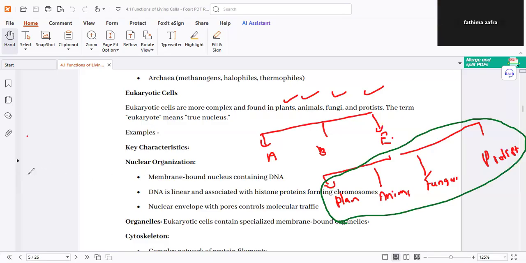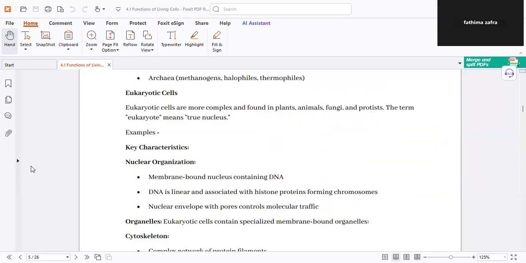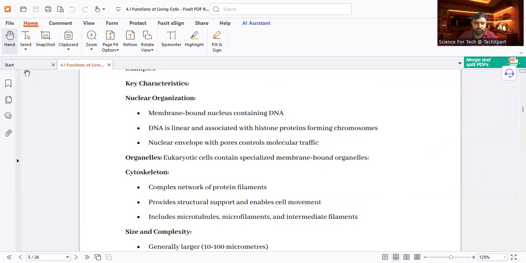Yes, sir. Clear. Okay. Then we can see membrane-bound organelles. Highlight membrane-bound nucleus.